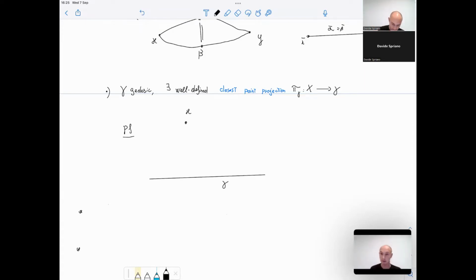Suppose this was not the case. Suppose that we had 2 points, Y and Y prime, that were both closest to X, and they were not the same. So the distance between Y and Y prime is some epsilon bigger than 0.